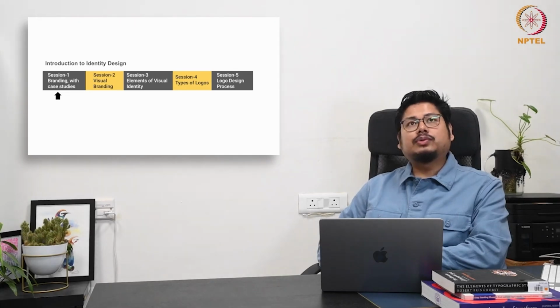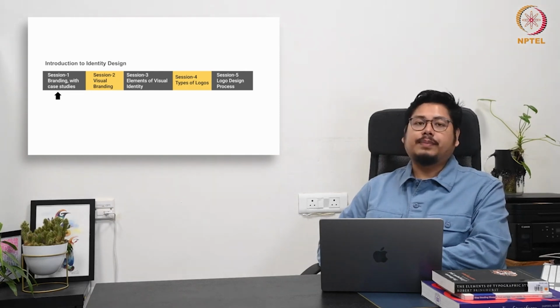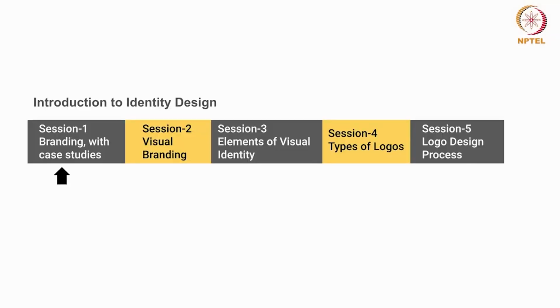We will also go through different case studies associated to branding and how it has impacted the overall audience. In session 2, primarily we'll be discussing visual branding, how visual elements play an important role in depicting the presence of a brand, right?